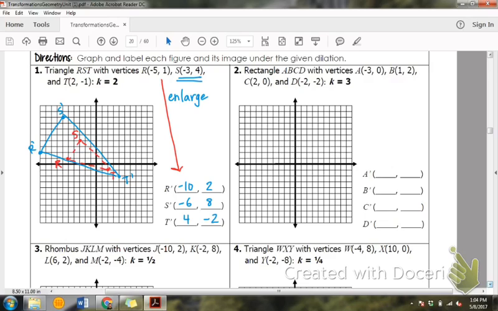Okay, why don't you try number 2? I think you can try number 2. The very first step is to plot the original. Okay, so you're going to first plot the original.